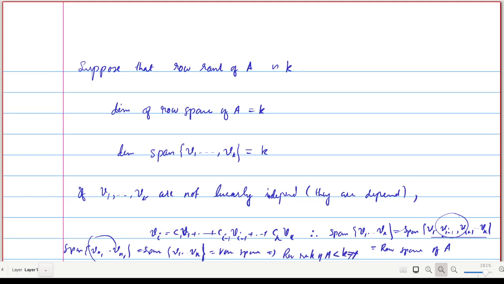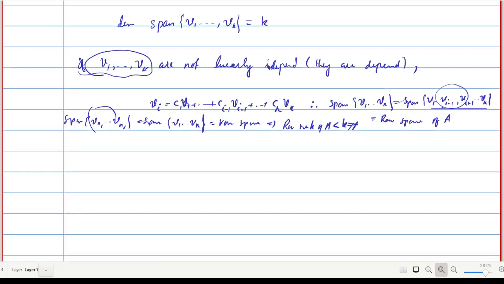Every spanning set should contain a basis for the corresponding vector space, so we can never assume these vectors are not linearly independent. So this shows that v1, v2, ..., vk are linearly independent.